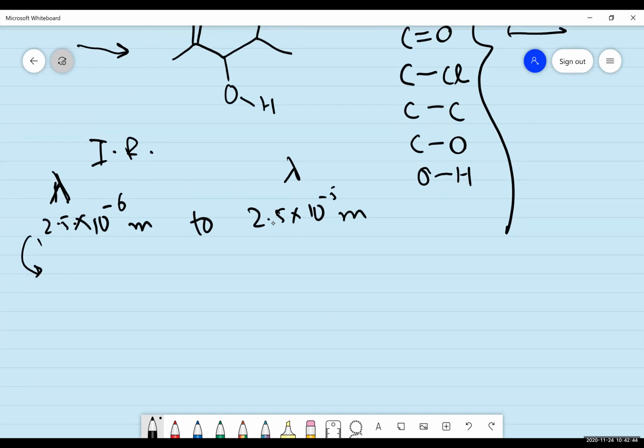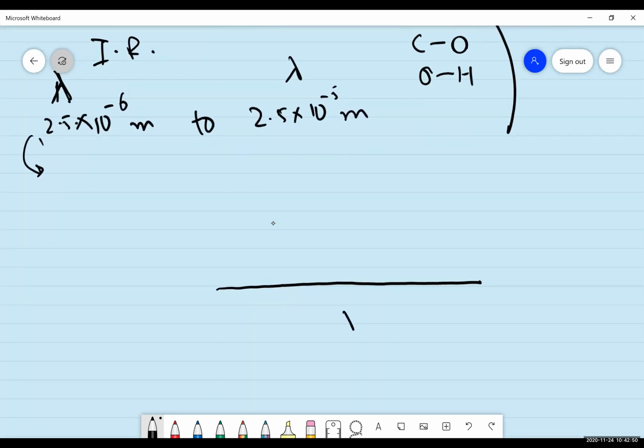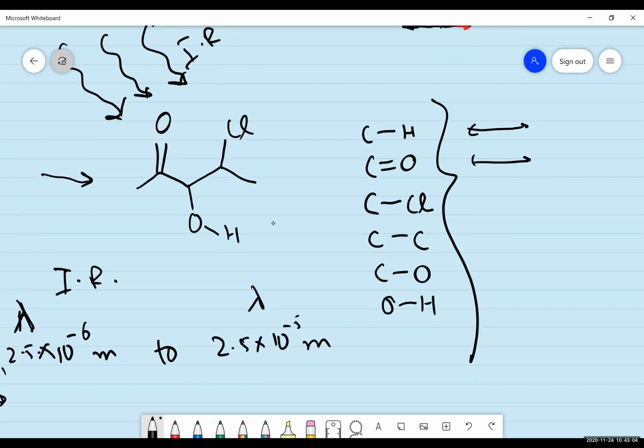Now, it means that if we plot wavelength, it's not the exact plot, but I'm just trying to explain the principle behind it. Some of these bonds will absorb and have less energy requirement, and some will need more energy.